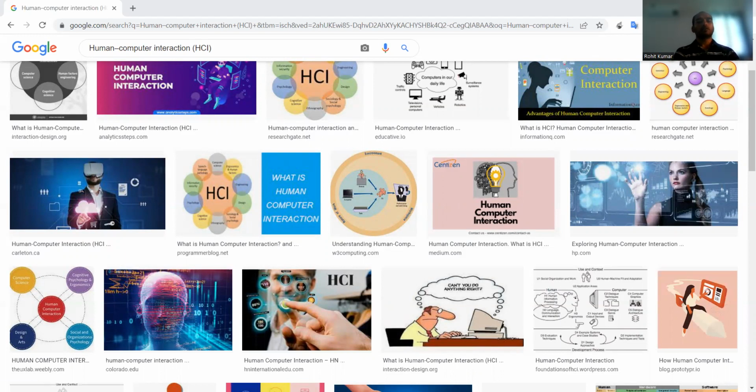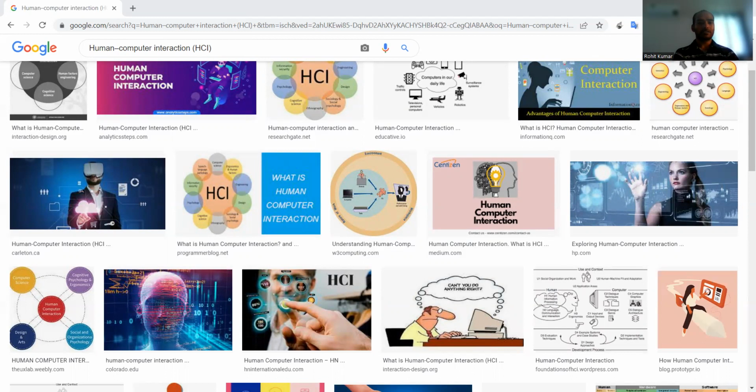Now, coming to some of the related statistics: authors from more than 160 countries have been working in the domain of human computer interaction, and 200,000 plus authors have been exploring different aspects of tools and technologies related to it.